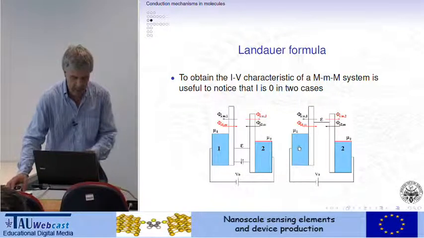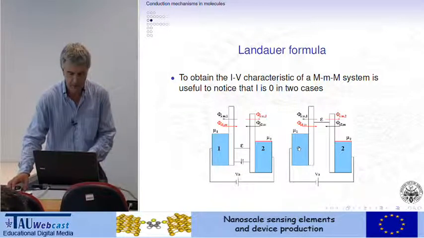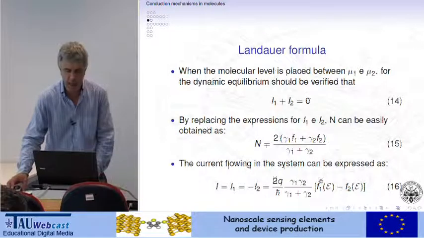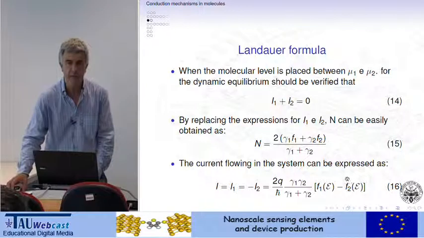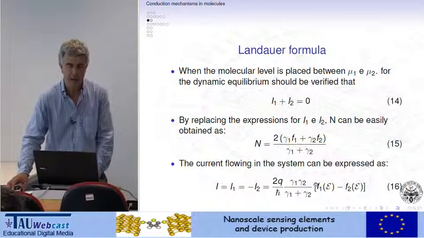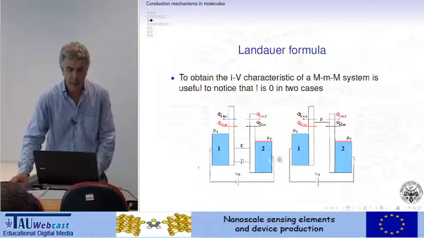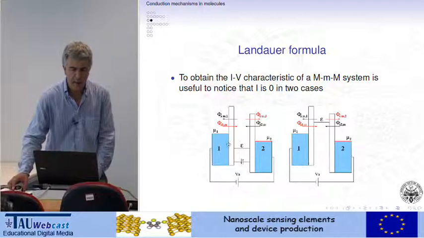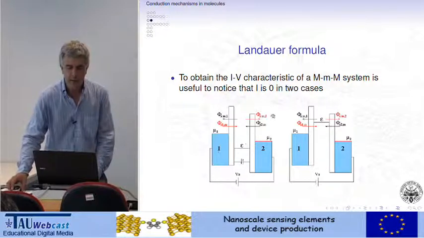But if I try to substitute in the Landauer formula 1 and 1, what we discover is the current is 0. So this formula tells us that when the molecular level is in a condition like this, current cannot flow, or better, the total current is exactly 0. On the right, we have the opposite condition.